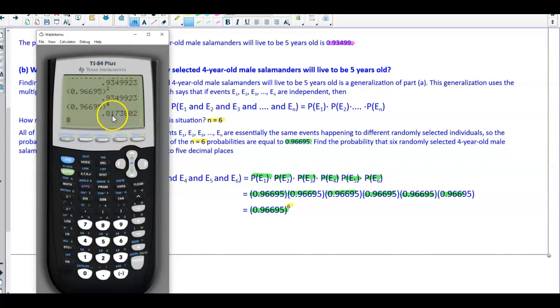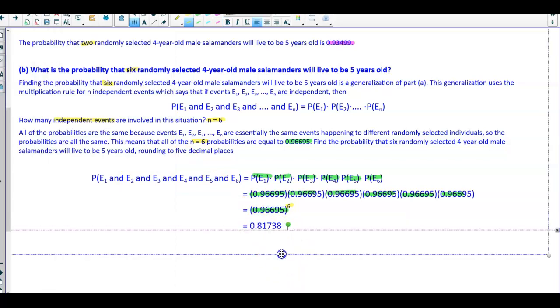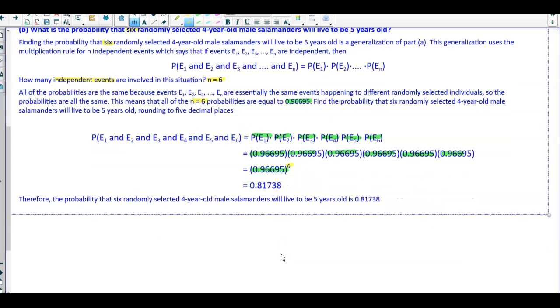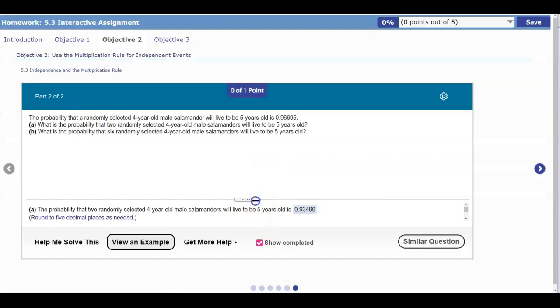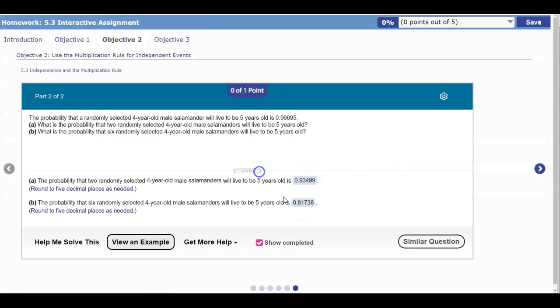So it's 0.81738. So let's see what we get. 0.81738. So that means that, therefore, the probability that 6 randomly selected 4-year-old salamanders will live to be 5 years old is 0.81738. Let's verify our result here on StatCrunch, and therefore there's our result, 0.81738.